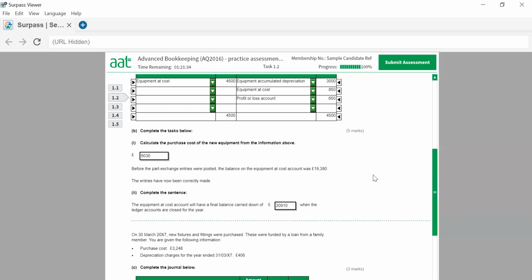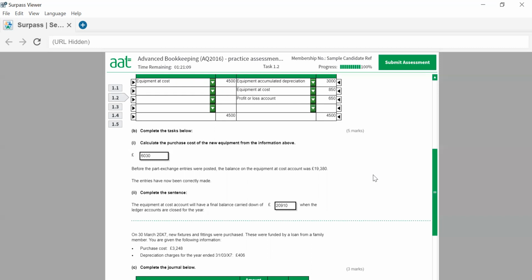So on the debit side, what you would have now is balance brought down 19,380 plus the asset that you've acquired, so the part exchange and the 5,180, which basically means you've got 19,380 plus 6,030 on the debit side. So you'd have 25,410.